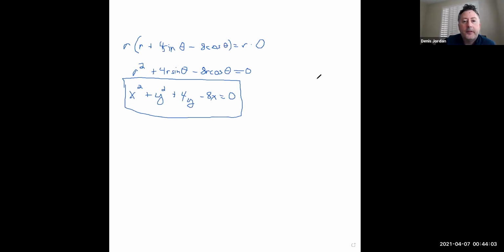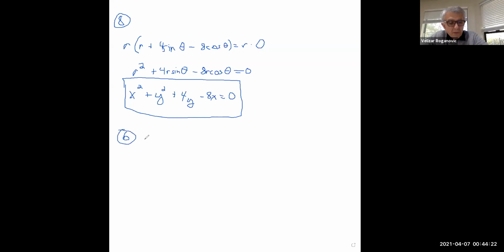Can you also show us how to solve 6C and 6D? 6C. Yes. Okay, so that was everybody that was wondering, that was number 8. This is 6C, right? So the cosine of 2 theta, that one? Yep.